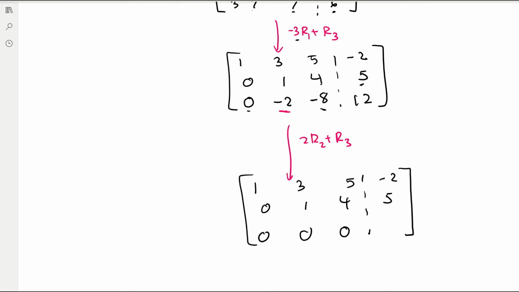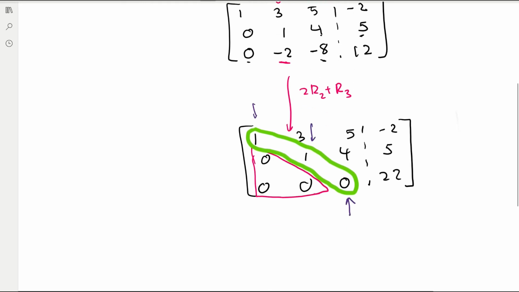So what do we get here now? If you look at this, we have the lower triangle of zeros. This is our lower triangle of zeros. And let's look at our diagonal. The first two entries are leading entries, but this one is not a leading entry.